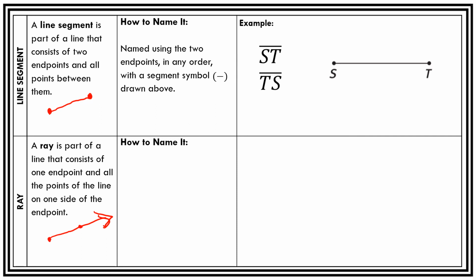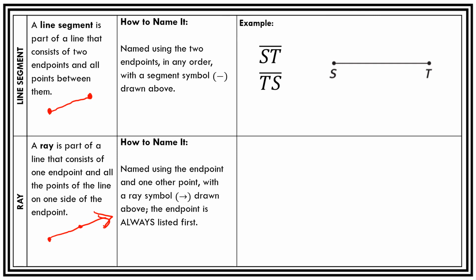So, how do we name it? Again, like I just said, it's named using the endpoint and one other point with a ray symbol drawn above. Very important, the endpoint is always listed first, okay? So, that's important. There's one way to name a ray if you're only given 2 points on it. Let's look at our example.